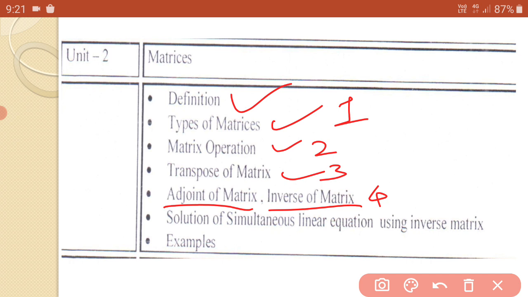And the last lecture, linear equations using the inverse matrix, is lecture number 5. So in this chapter a total of 5 lectures are required, and you should practice these types of examples regularly. I gave them in lectures 1, 2, 3, 4, etc.